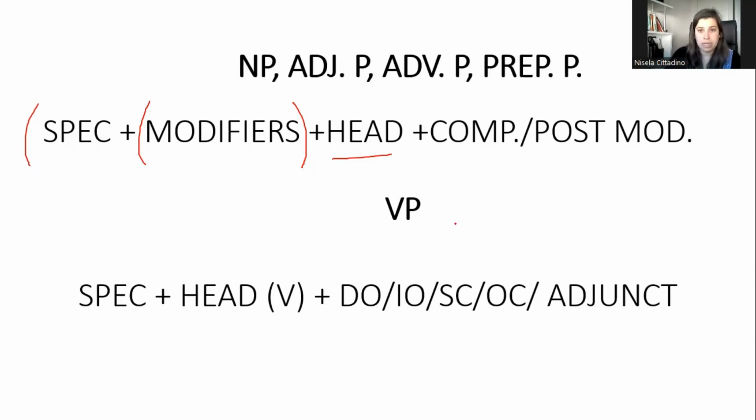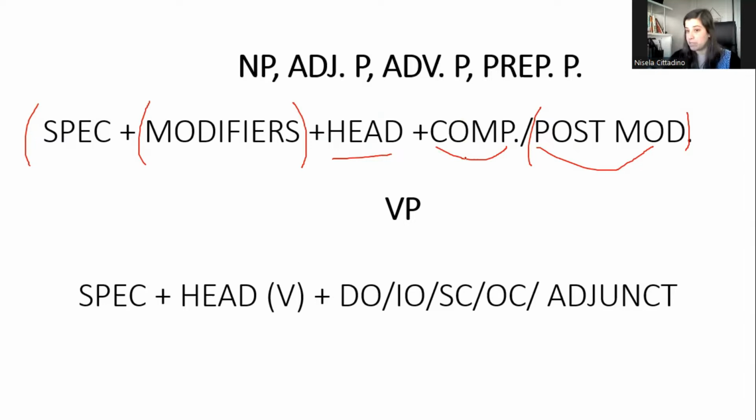We need a subjective complement. And then after the head, you may find two options. Either you have a complement, or you have a post modifier. Post modifiers are optional categories, as we said before, but complements are not optional. They are necessary for the head to make sense. They complement the meaning of the head, like we saw in the sentence in the video before. She is old enough.